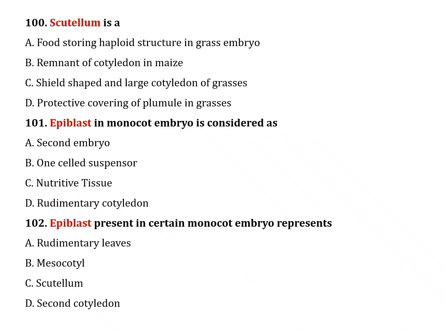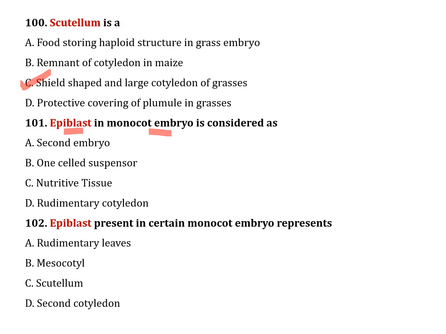The next question, number 100. Scutellum is: option A, food storing haploid structure in grass embryo; option B, remnant of cotyledon in maize; option C, shield shaped and large cotyledon of grasses; option D, protective covering of plumule in grasses. Correct answer is option C, shield shaped and large cotyledon of grasses. The next question, number 101.